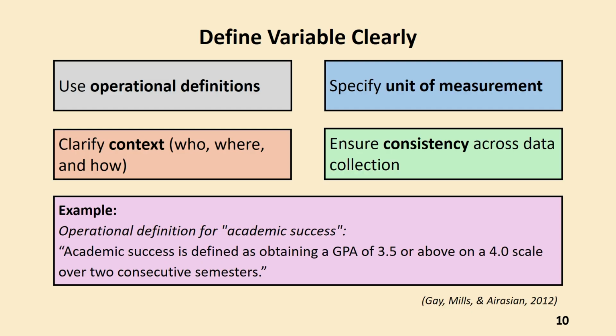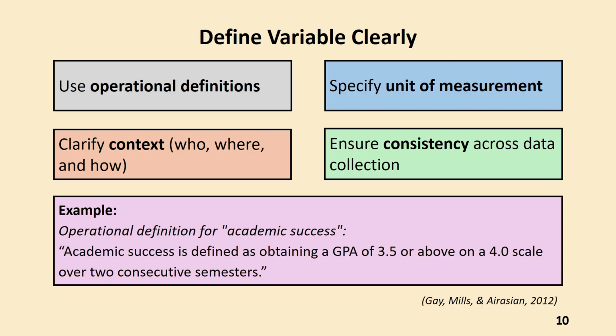And you can see here an example, the operational definition for academic success. Academic success is defined as obtaining a CGPA of 3.5 or above on a 4.0 scale over 2 consecutive semesters. Now, it is interesting to understand that there is no one standard definition of what academic success means, but it varies from research to research, related to the context and demand of the research.